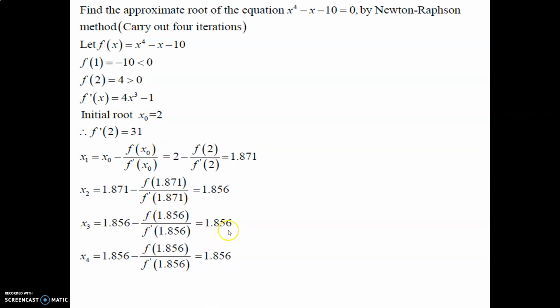We derive 1.856. Again we take 1.856 in the expression x3 = x2 - f(x2)/f'(x2), where x2 is 1.856. Again we put this value in f(x) and f'(x) and we derive 1.856. Simplifying, x4 = 1.856 - f(1.856)/f'(1.856) and we derive 1.856. Again these roots are repeated. So we carry out x1 = 1.871, x2 = 1.856, x3 = 1.856, x4 = 1.856 using the Newton-Raphson method.